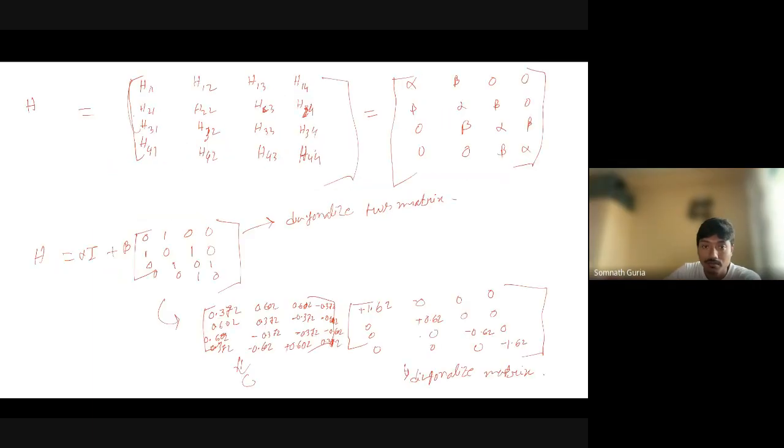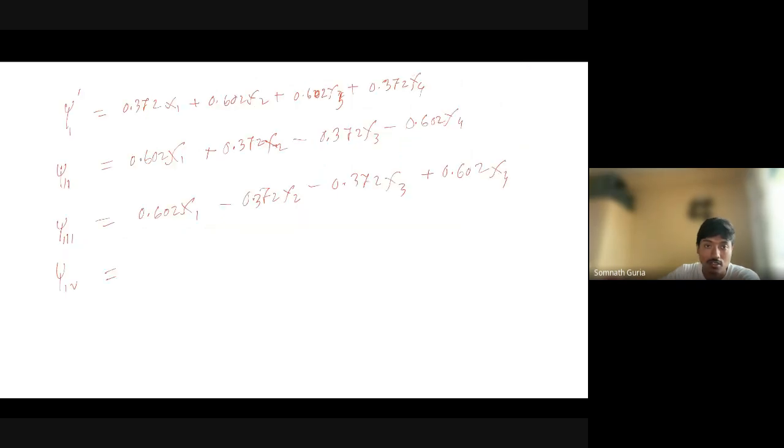We have the coefficients 0.372, minus 0.602, minus 0.602, and the last one is plus. So it is 0.372 chi1 minus 0.602 chi2 minus 0.602 chi3 plus 0.372 chi4.